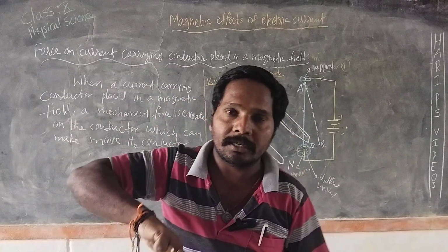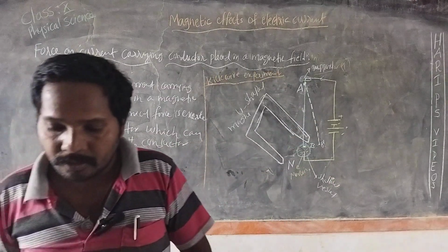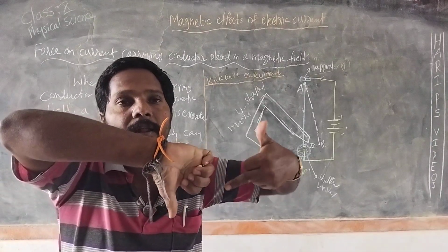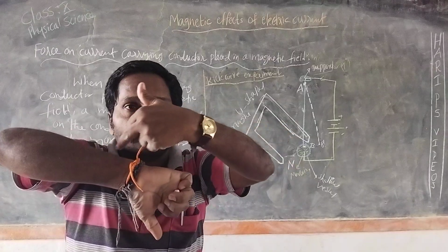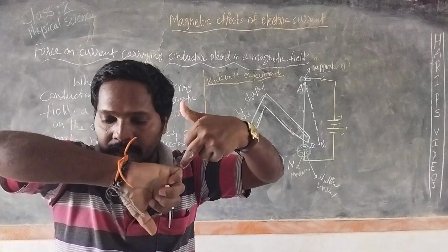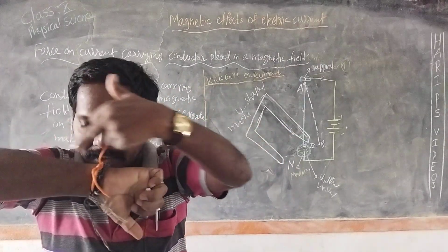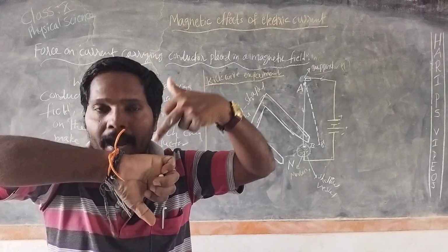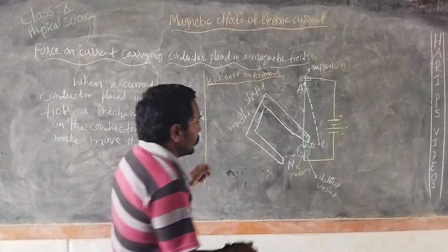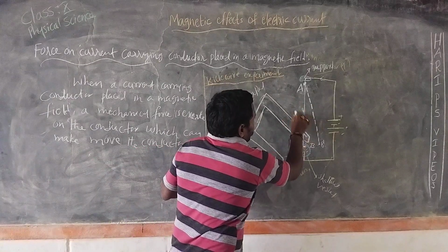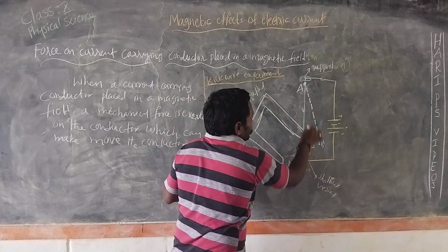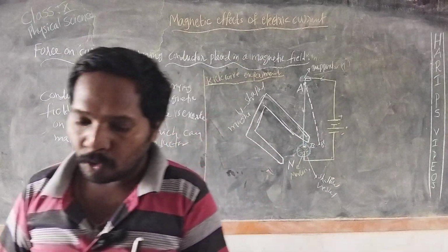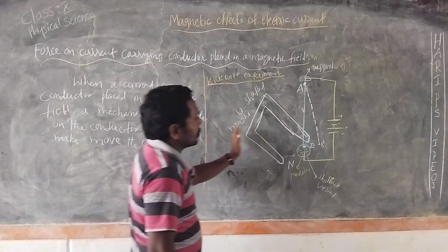So the magnetic field is from left to right, towards the east. Thus the current carrying conductor is at right angles to the magnetic field, making a 90-degree angle with the magnetic field. So it moves towards the south.